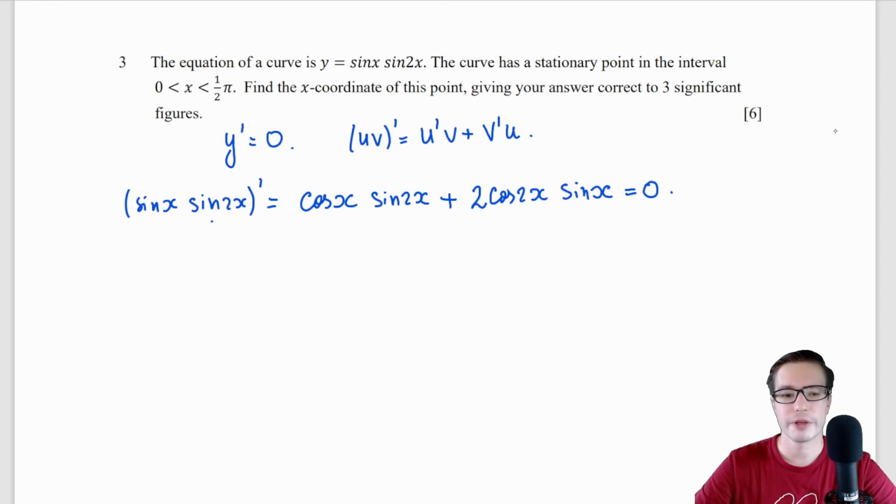To start with, I will replace sine 2x with the double angle formula, which is 2 sine x cosine x. And that gives me 2 sine x cosine squared x plus, just copy, 2 cos 2x sine x.